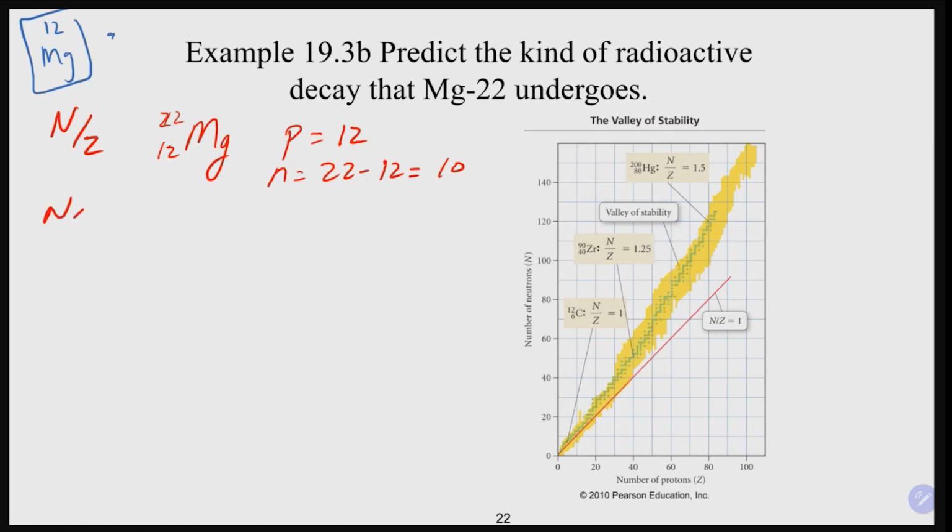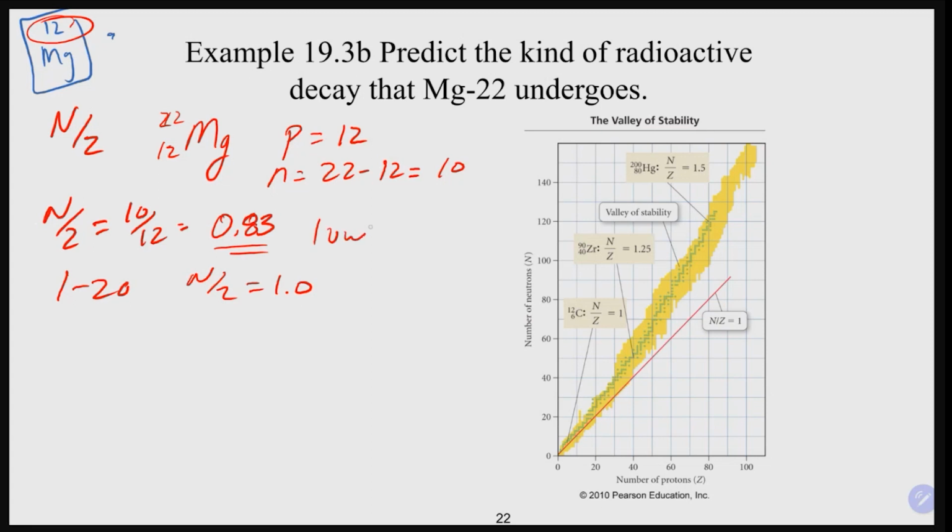That gives us an N to Z ratio of 10 divided by 12, which gives us about 0.83. This is a 1 through 20 situation where the acceptable ratio is 1, which means we're a little bit too low.